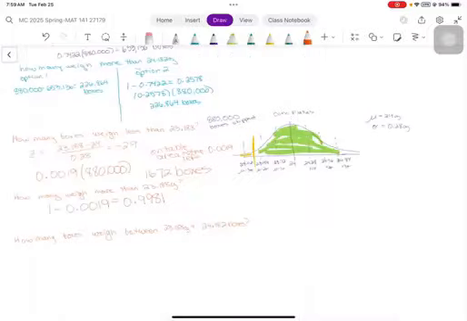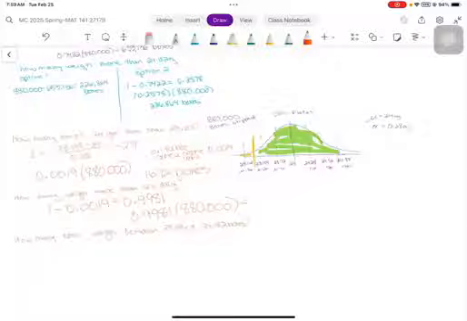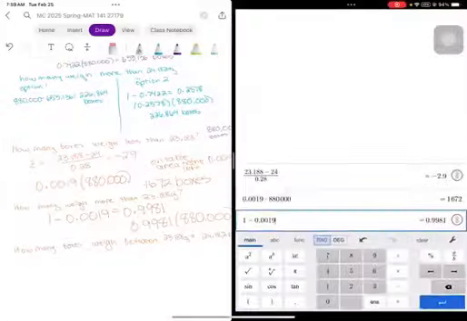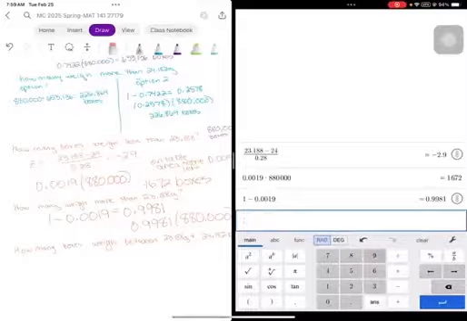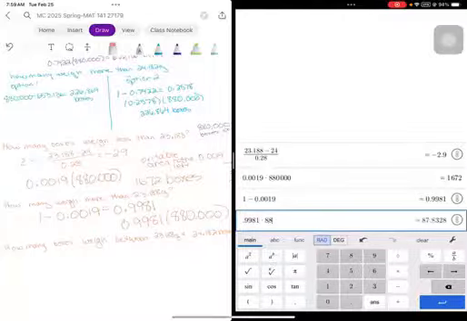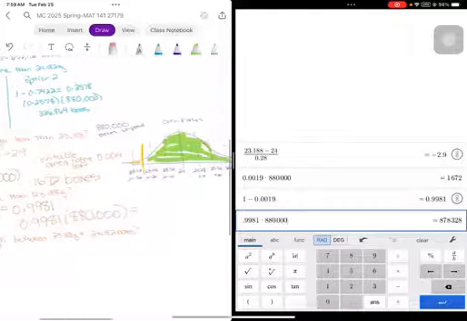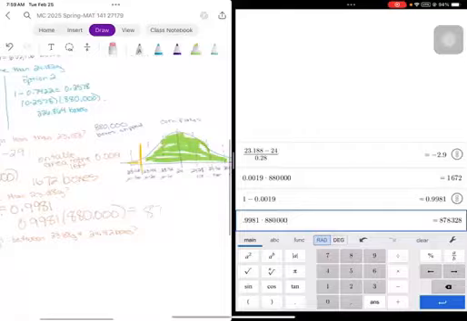So I'm going to take that 0.9981 times 880,000. I'm going to go to my calculator, and I get 878,328 boxes.